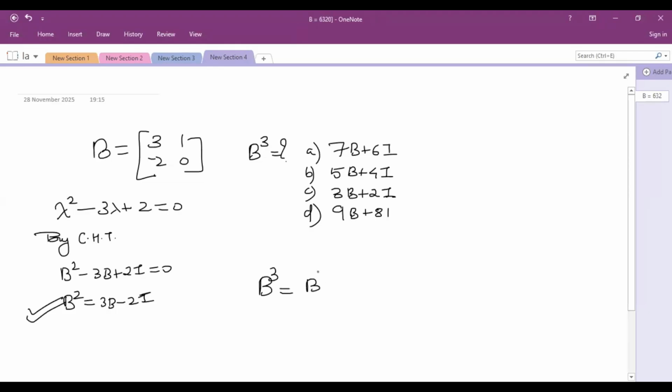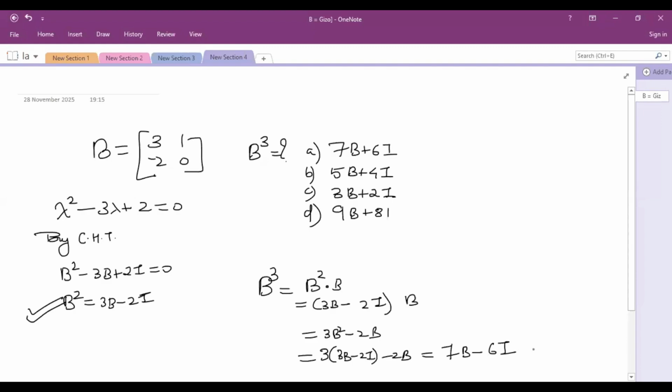So B cube can be written as B square into B, and then the simple calculation: 3B minus 2I is the value of B square, which gives us 3B square minus 2B, but B square is 3B minus 2I, and minus 2B, which is finally 7B minus 6I.